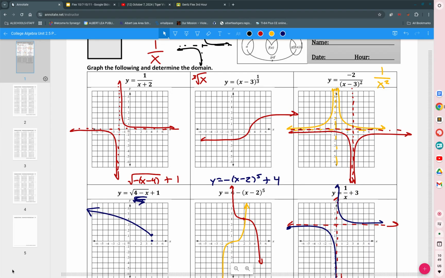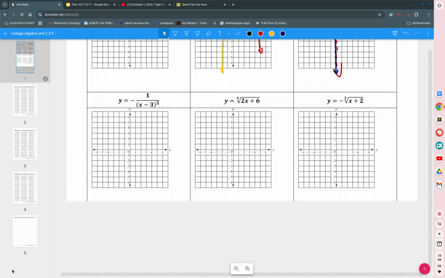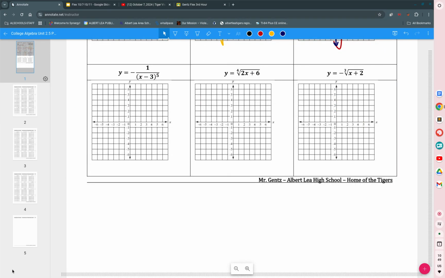It's going to look like the first one because this is to the first power. This is to the second power. If it's an odd power, it's going to be in these opposite quadrants. Whereas if it's an even power, then it's going to be in adjacent quadrants right next to each other. Okay? So we can see that because this is an odd power, it's going to be in opposite quadrants. So the parent function is going to look, basically like that.